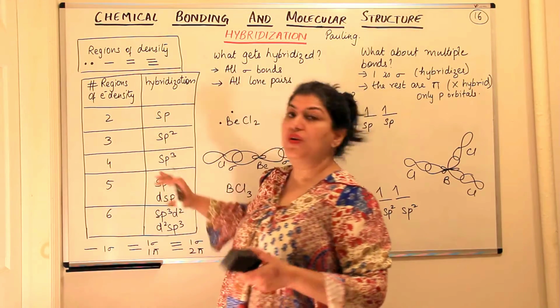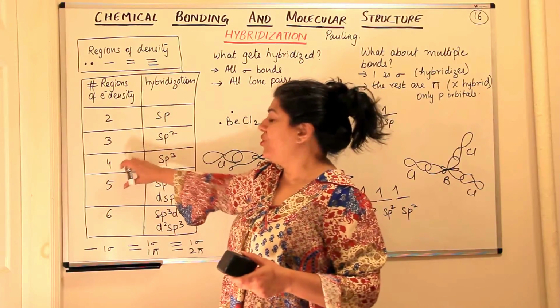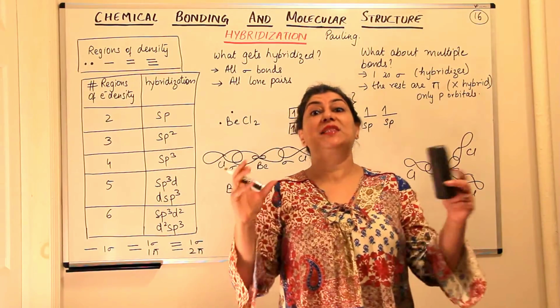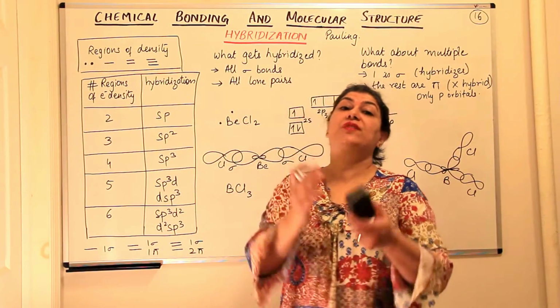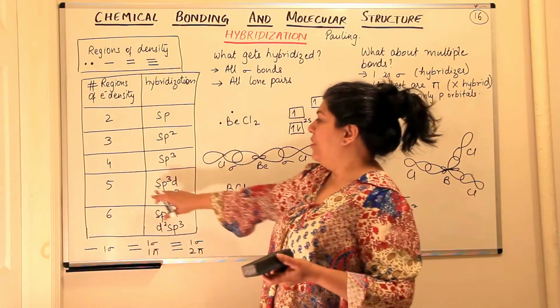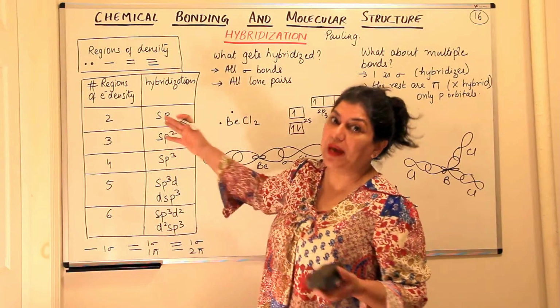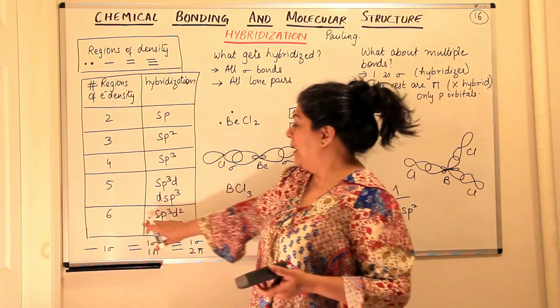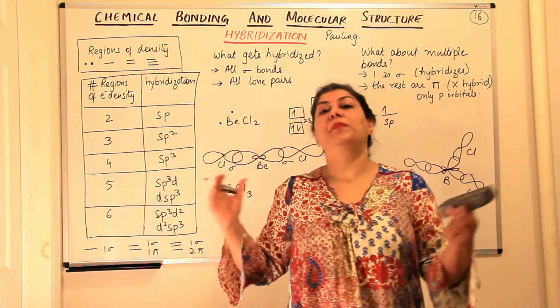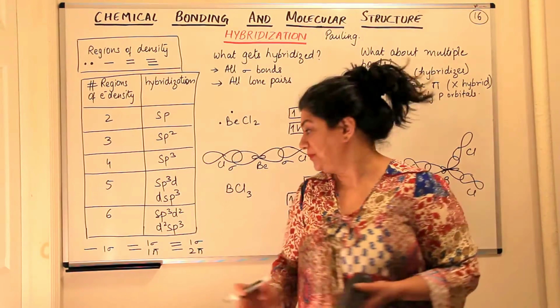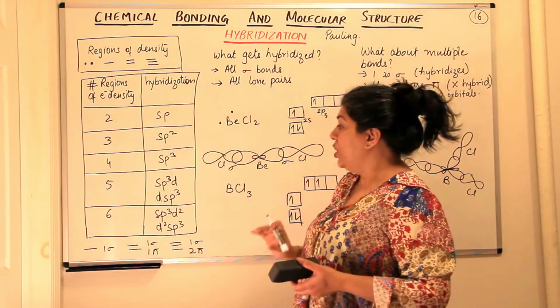Anything which has 4 regions of electron density and sp3 hybridization would have a tetrahedral arrangement around it. With 5 it would be trigonal bipyramidal, and 6 would be octahedral. So these are the shapes that you would obtain.